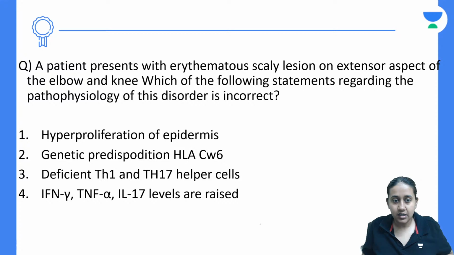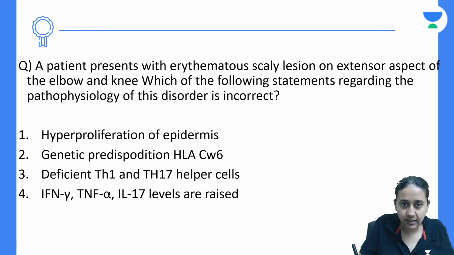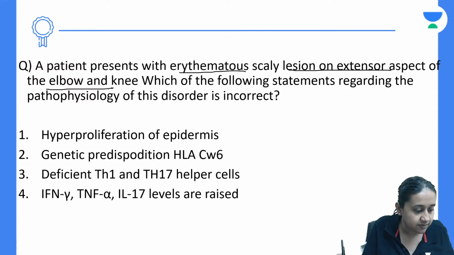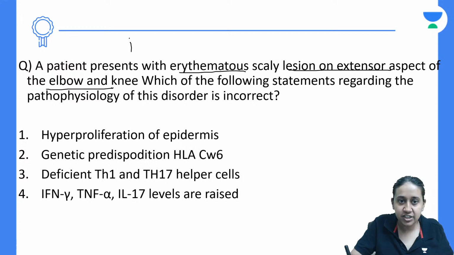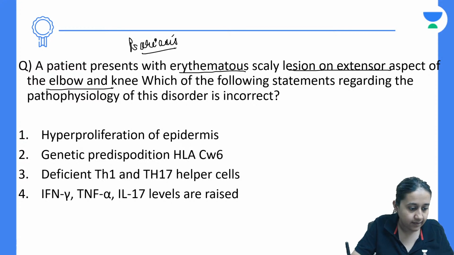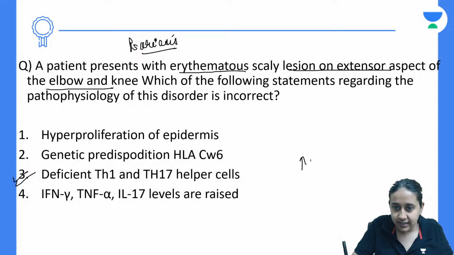First of all, you should know that if there are erythematous scaly lesions on the extensors, it means we are dealing with a patient of psoriasis. And please remember, in psoriasis there is an increase in Th1 and Th17 cell lines.